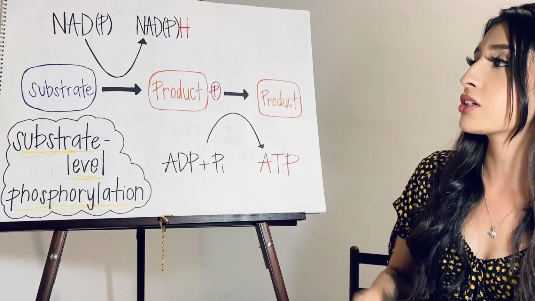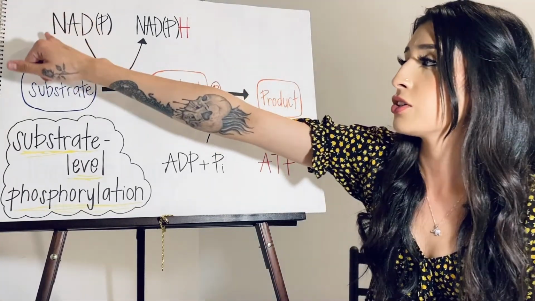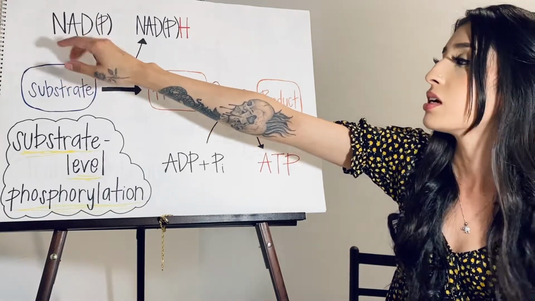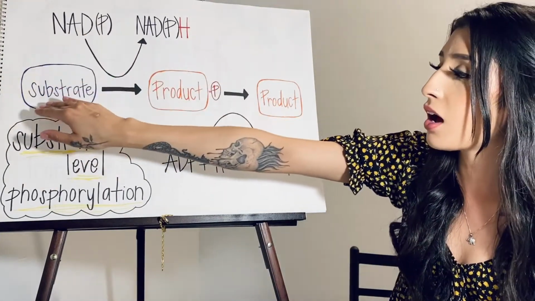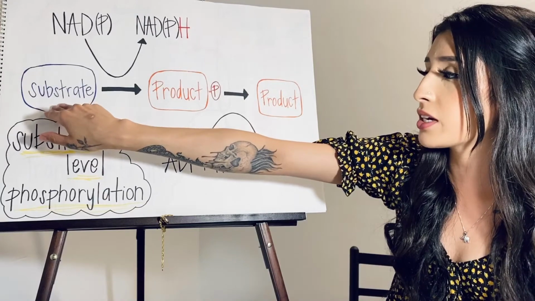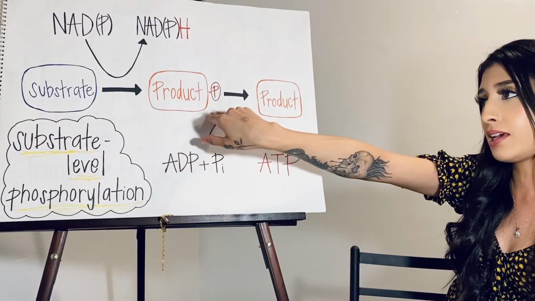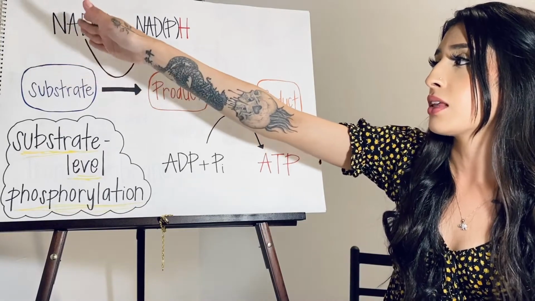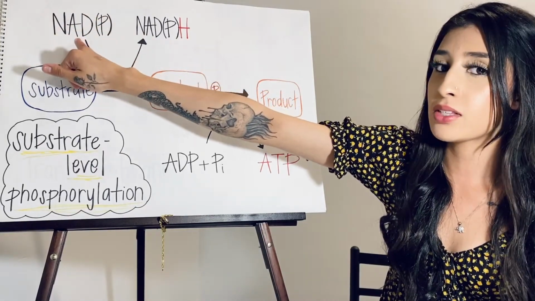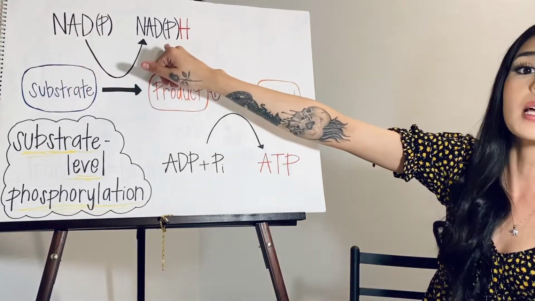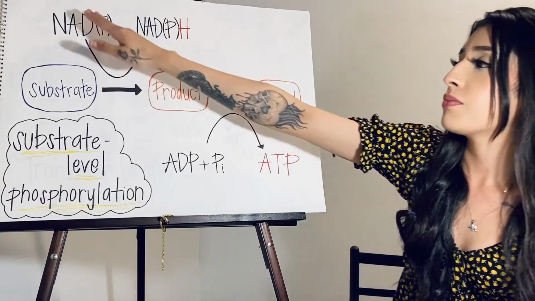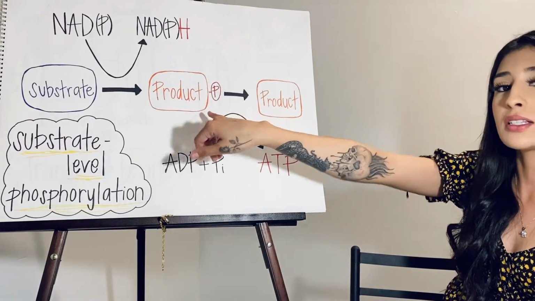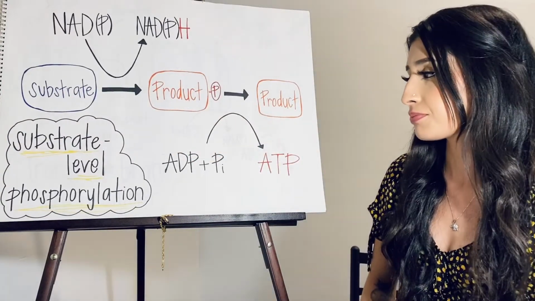As I mentioned earlier, I did show that we had that molecule that can accept protons. So in the midst of this substrate being phosphorylated, that is actually occurring due to the proton being transferred to a proton acceptor. That energy is what allows this product to be phosphorylated.